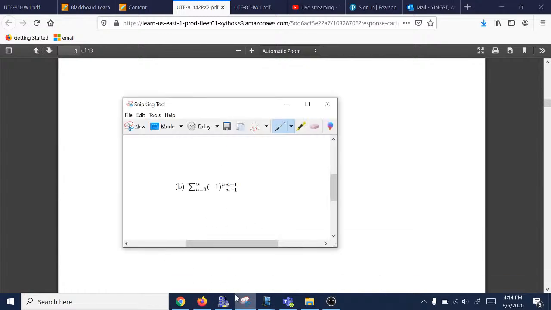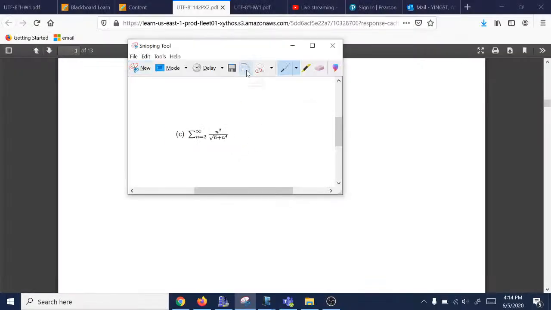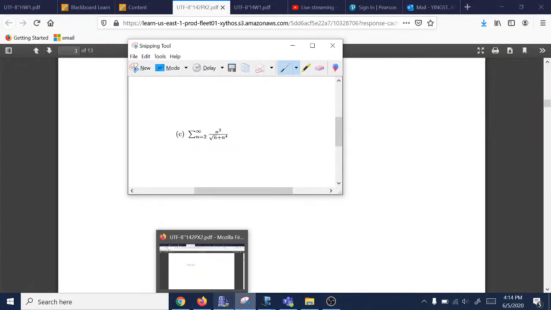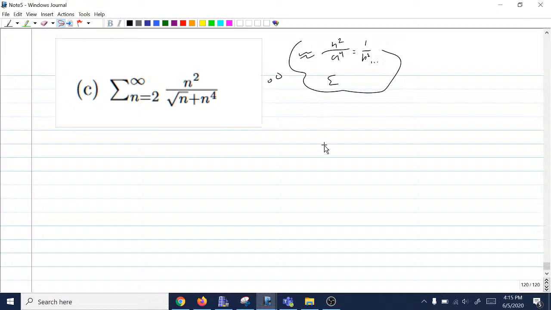What do I got here? n squared over root n plus n to the 4th. I want to be immediately thinking this is about n squared over n to the 4th is the big part of the top, is 1 over n squared, and the sum of 1 over n squared converges.